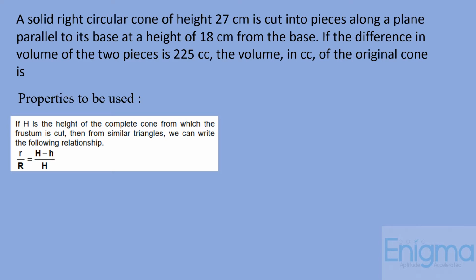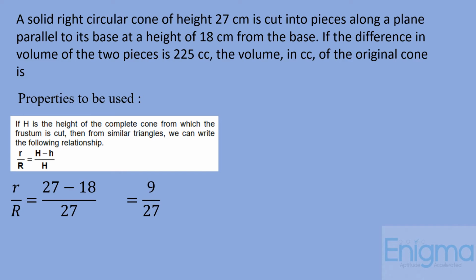If H is the height of the complete cone from which the frustum is cut, then from similar triangles we can write the following relationship. r upon R is equal to H minus h upon H. Now substituting the values in our question, we get r upon R is equal to 27 minus 18 upon 27, which can be simplified to 9 by 27.